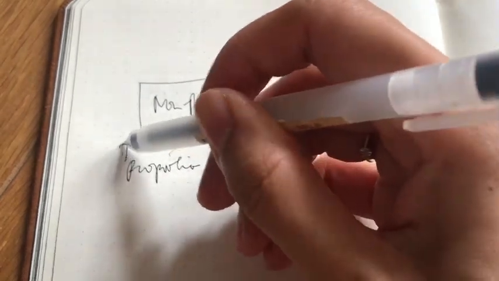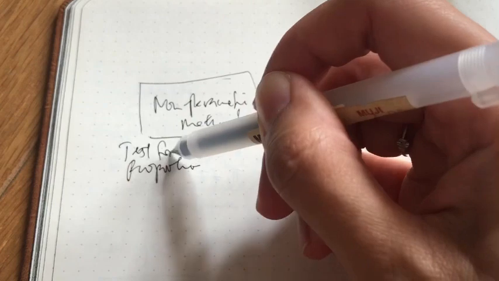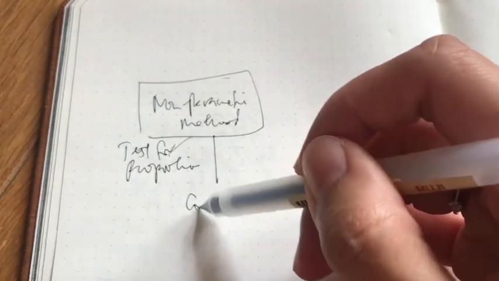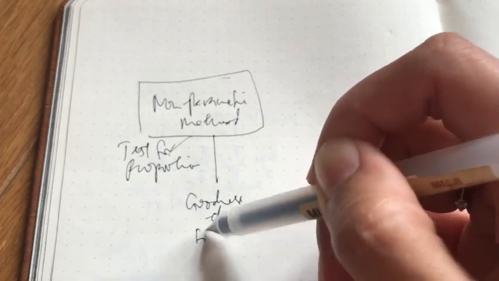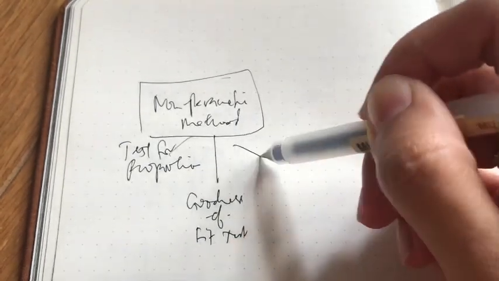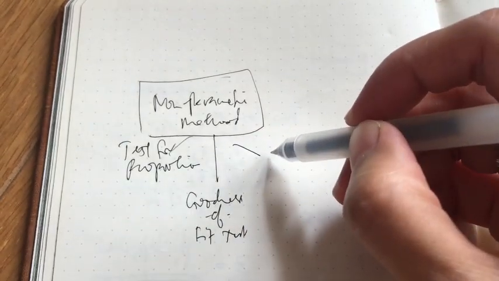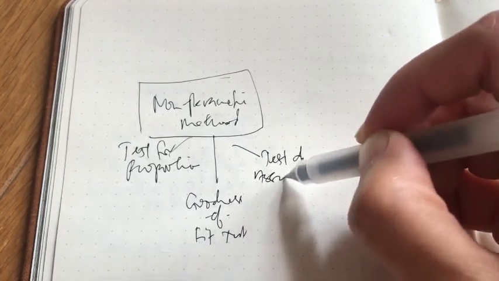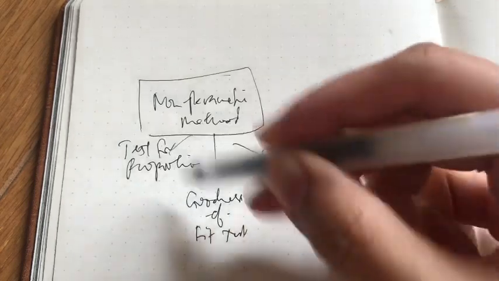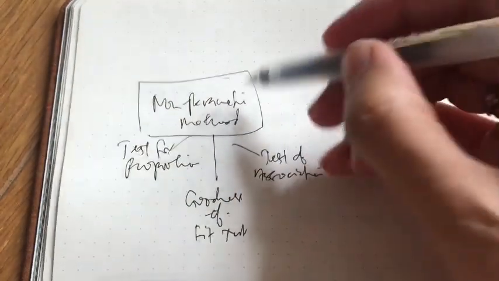And then, of course, the next one is the goodness of fit test. And the third one is the test of association, or the contingency table analysis. So these three are the tests under the nonparametric method.